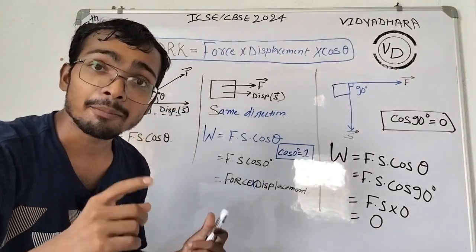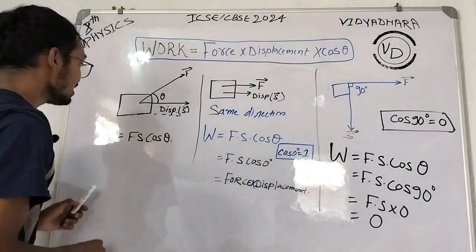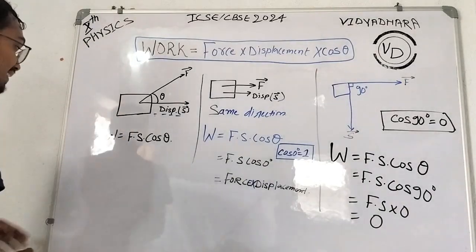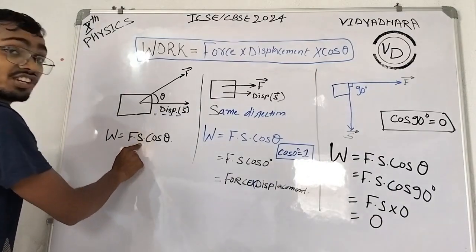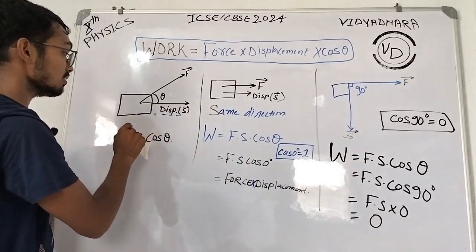Cos theta is a mathematical ratio. So what is work? Work is F, force, multiplied by displacement, multiplied by cos theta.